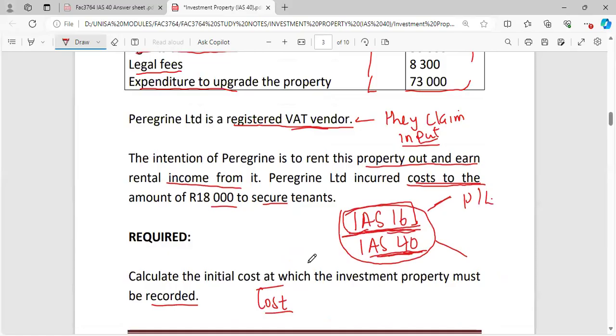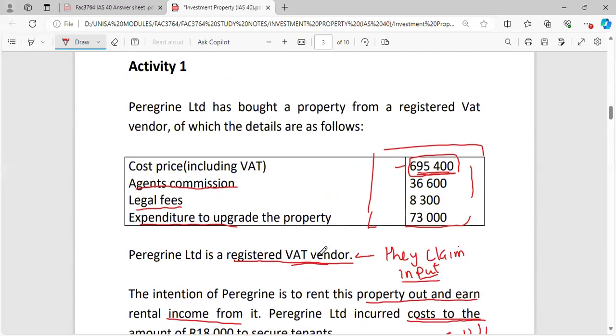I want us to do the long question. If we take time doing this small question, let's just look at what we are going to do on this one. Right. So here we're going to take out the VAT, am I right? On the cost price, we're going to take out the VAT. Then after we take out the VAT, we add this and this and this one.